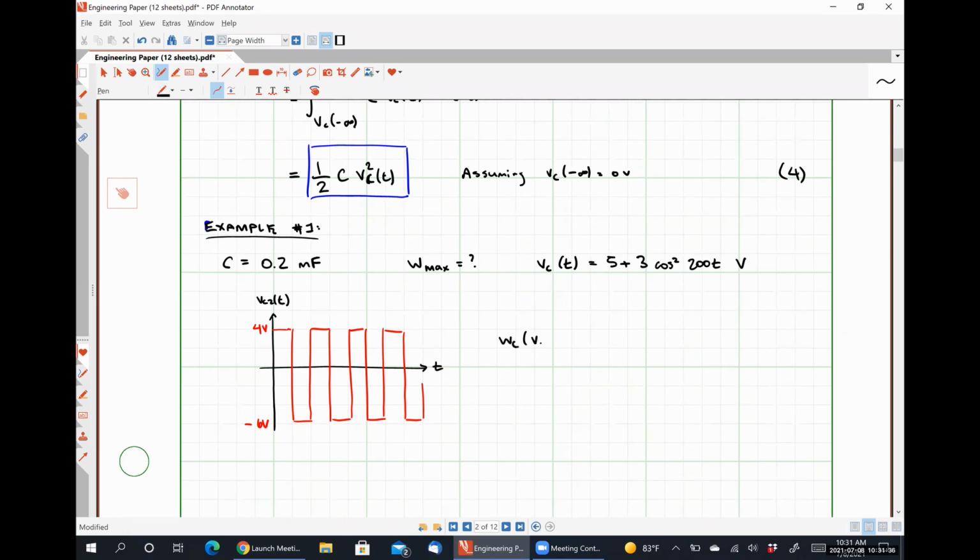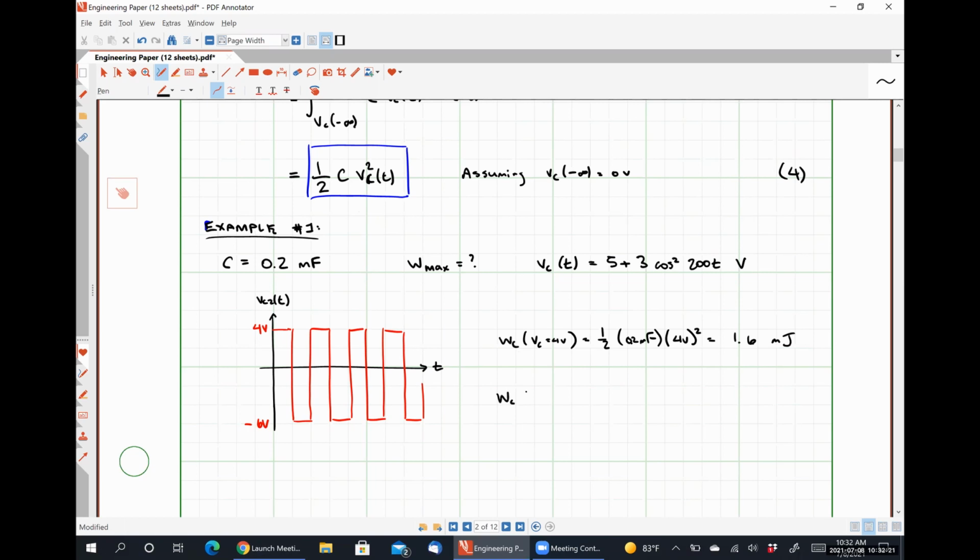WC when VC is equal to 4 volts. There we go. That would be 1/2 times 0.2 millifarads, so 0.5 times 0.2 times 10 to the minus 3 because we're dealing with millifarads, times 4 volts quantity squared. We would be absorbing 1.6 millijoules of energy.